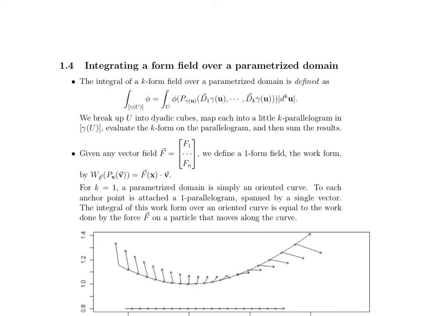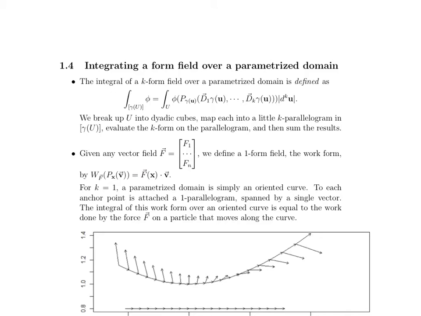We will go through plenty of examples of computing these types of form fields and their integrals over parameterized domains in class. Now, let's see what we can sort of toy around with as far as vector fields go. Given any vector field f, we can define a one-form field, which is called the work form. Its notation looks like this, and what it really is is the dot product between the vector field and some vector v.